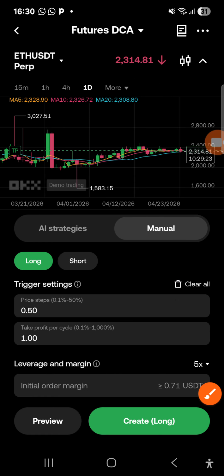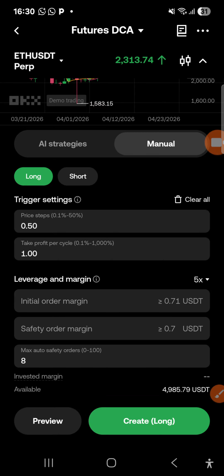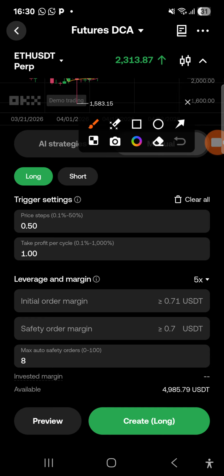According to your capital, the amount of your capital is the amount of money you are going to use in setting your trades. Here you will see what we call trigger settings, the settings for placing a trade.